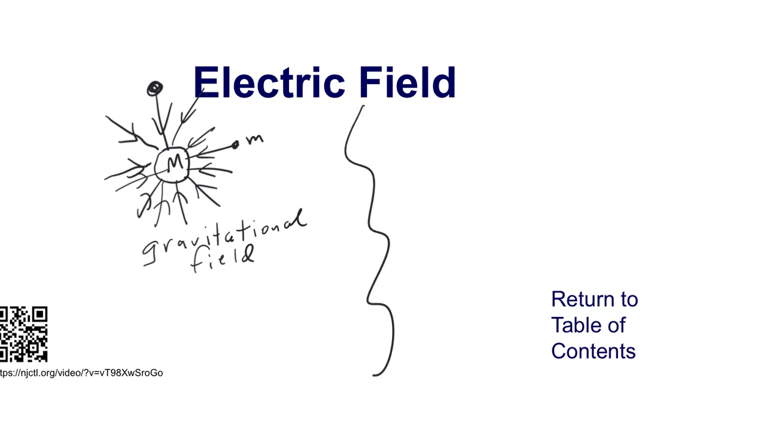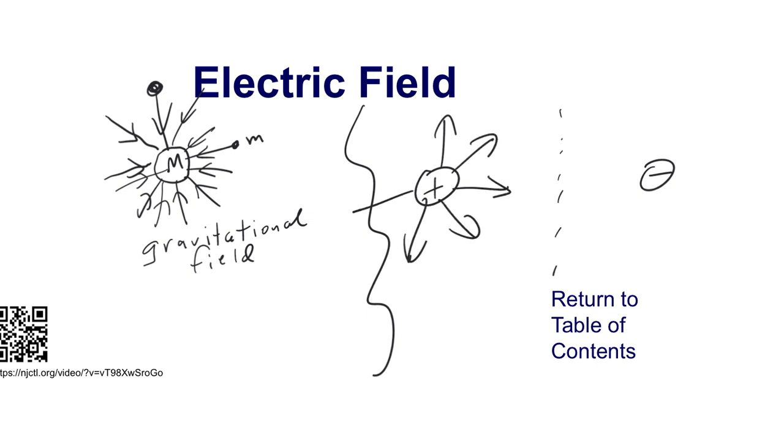Now for electric fields, every charged object, whether it's plus or minus, has an electrical force field around it called an electric field. And by definition, it's the set of all the paths that a positive test charge would travel if released above the field charge.